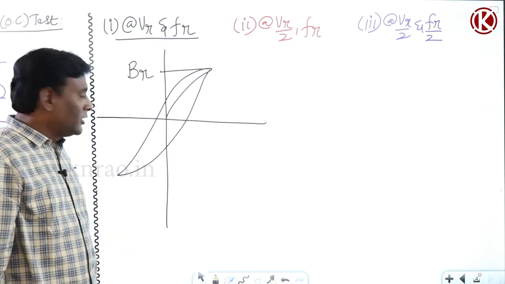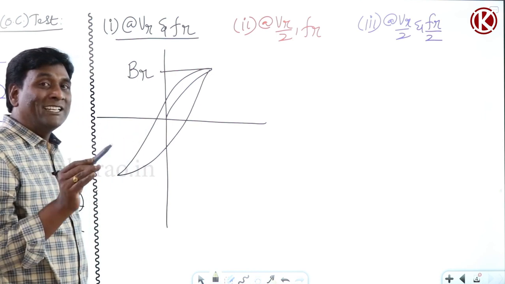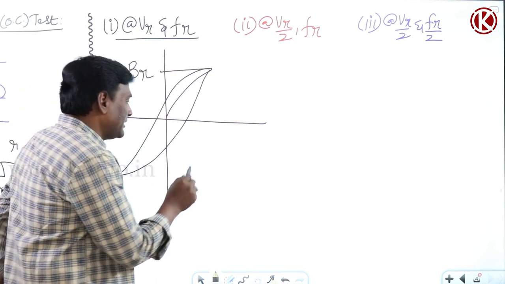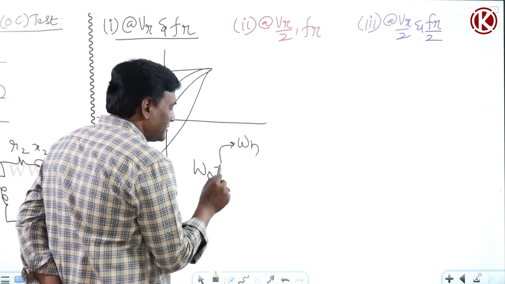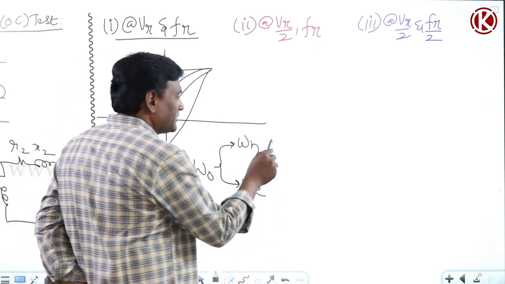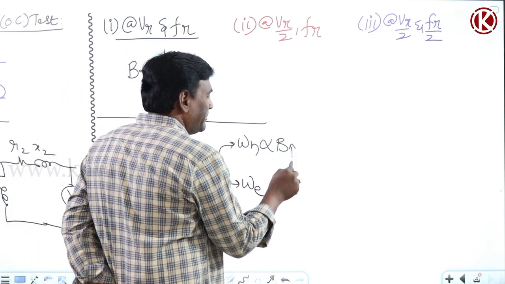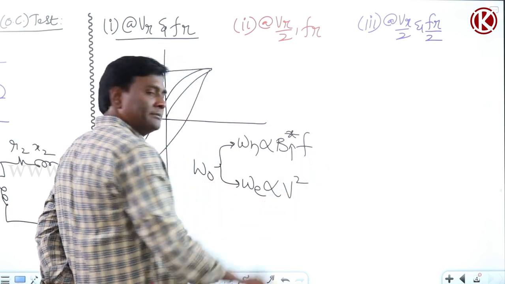This is going to be B rated. Now, if you think of hysteresis loss, what will my wattmeter represent? My wattmeter W0 will represent hysteresis loss and eddy current loss. Hysteresis loss is directly proportional to Bmax to the power of x and f, and eddy current loss is directly proportional to voltage square.